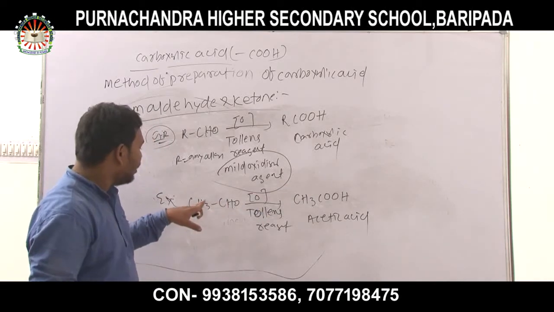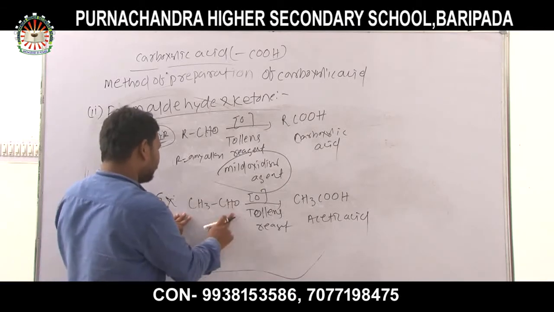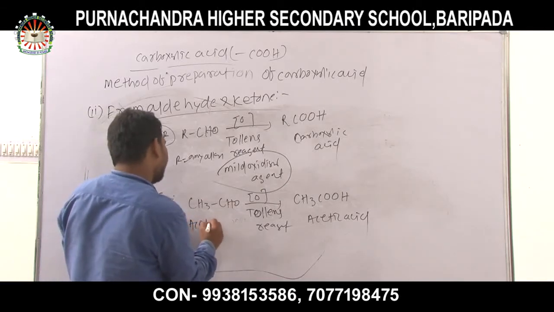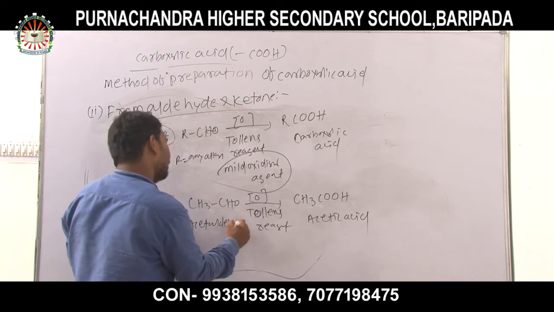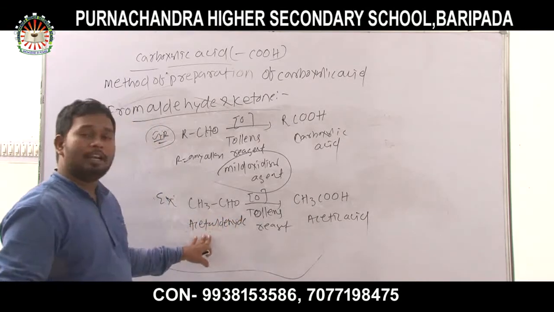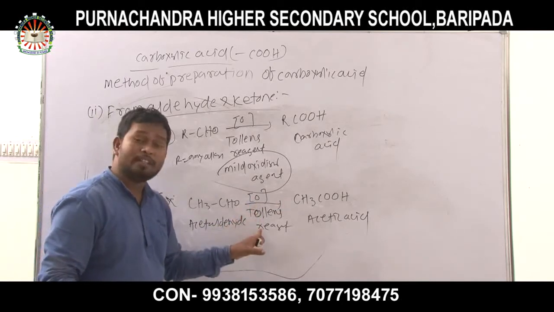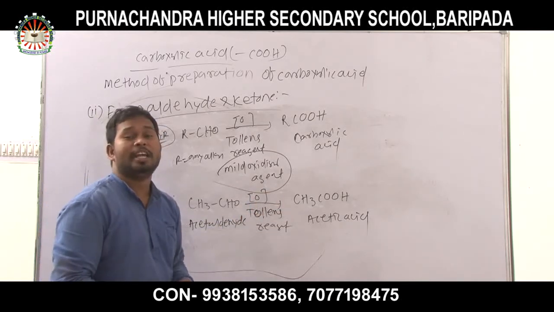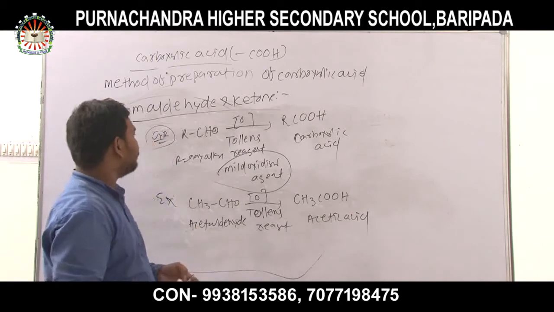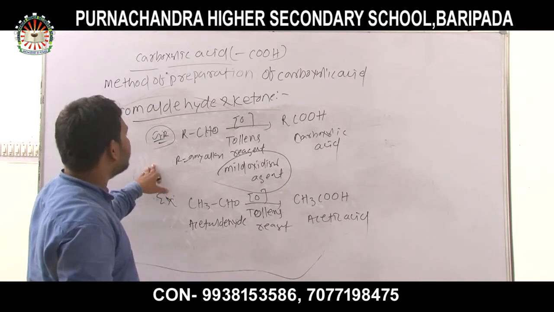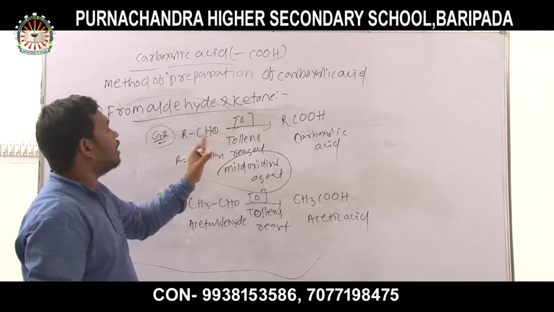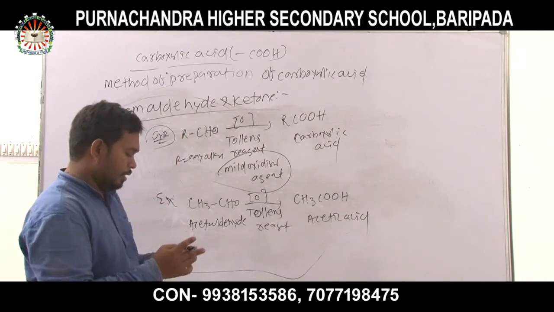Again, I explained it: when acetaldehyde undergoes oxidation in the presence of a mild oxidizing agent, that is Tollens reagent, then acetic acid can be formed. So in this process, from aldehyde we can form carboxylic acid.